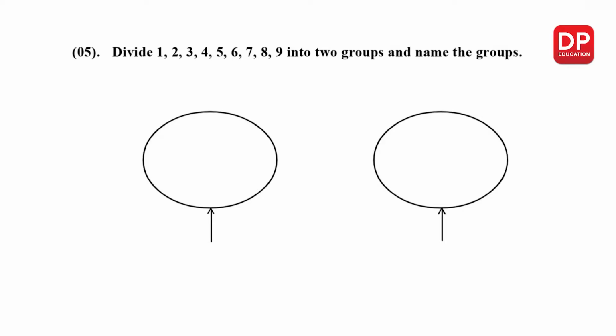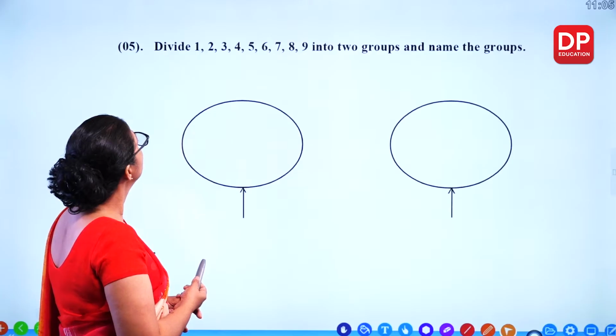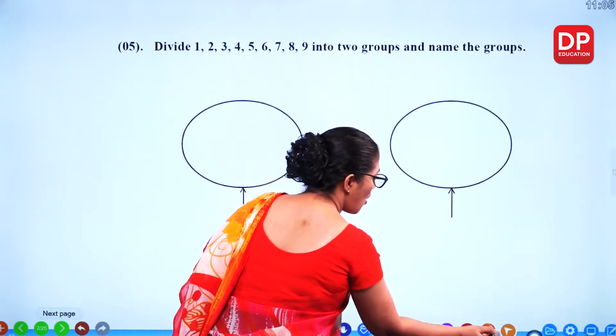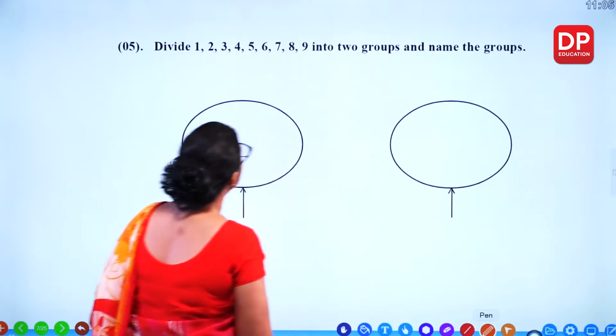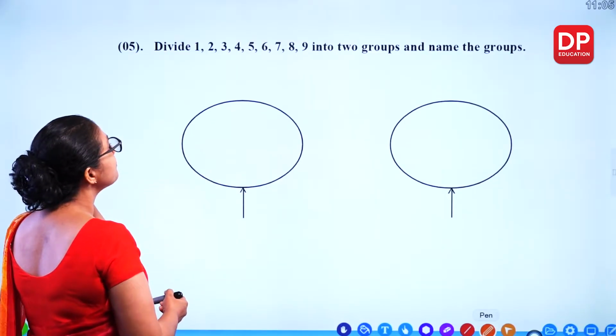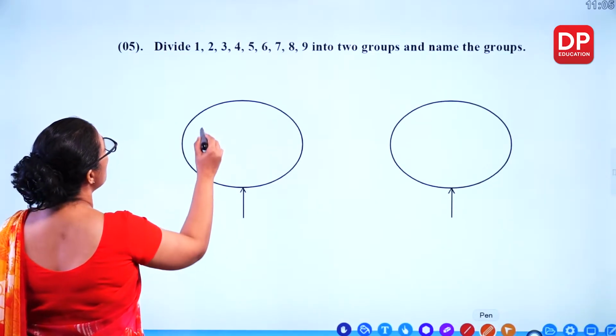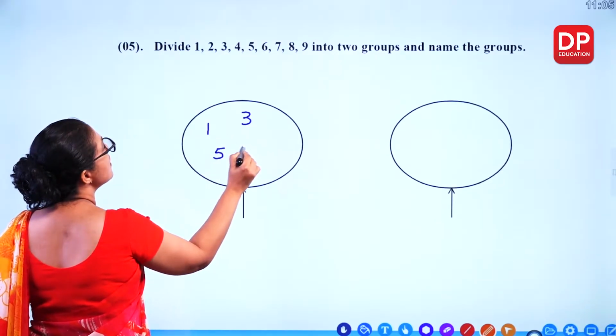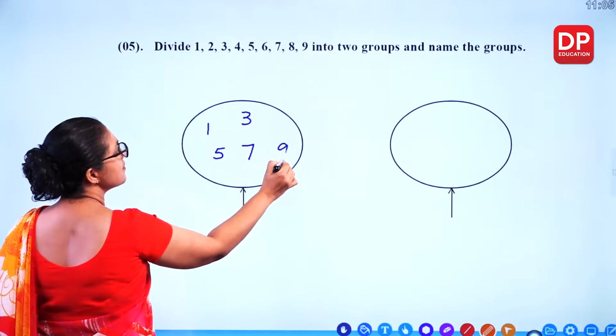Look at this question. Divide 1, 2, 3, 4, 5, 6, 7, 8, 9 into two groups and name the groups. So now digits are there. So how can we select? I'll take 1, 3, 5, 7, 9.